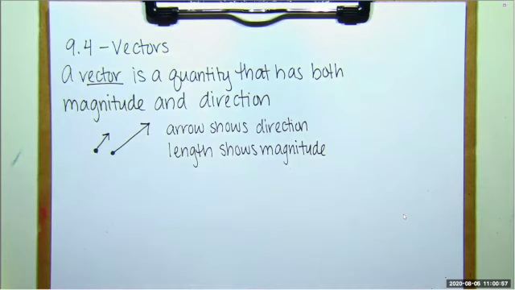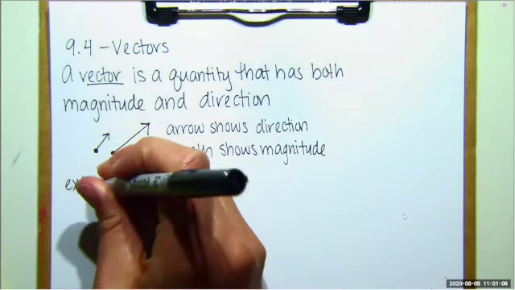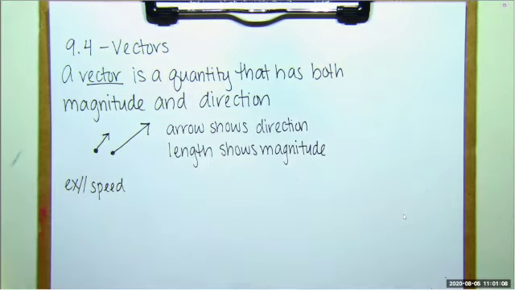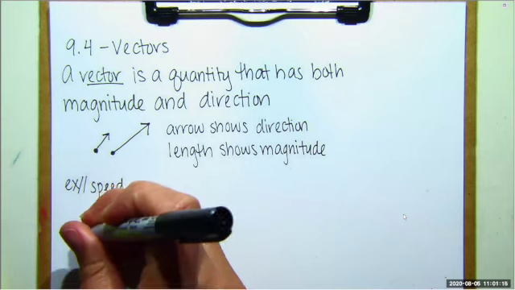Lots of things in our real world can be described with vectors. So things like speed of any moving object, right? If we throw a ball, we might throw it in an upwards path.